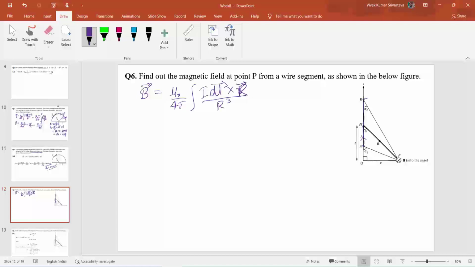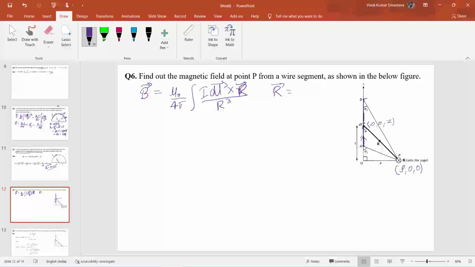So for determining the vector r, we have to first determine the coordinates of this line segment and the point P. In the figure it is shown that point P is defined as ρ comma 0 comma 0 in cylindrical coordinates, whereas the coordinate of this small line segment, which is dl, is 0 comma 0 comma z.